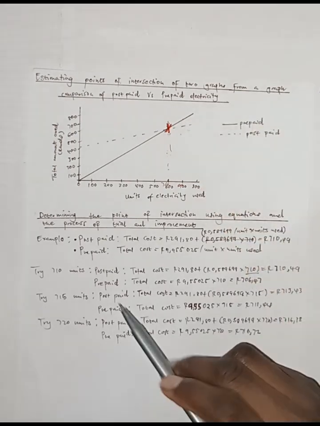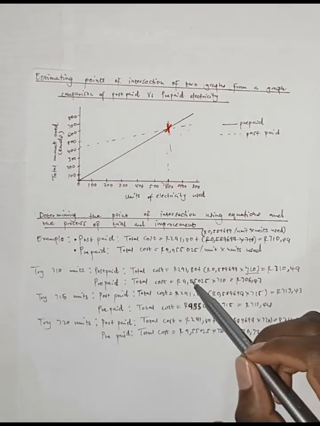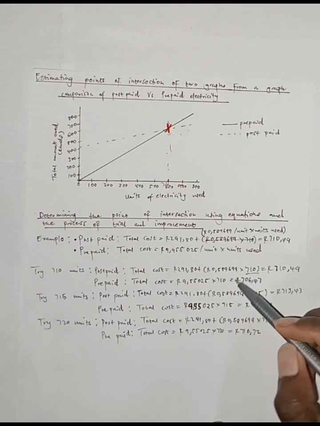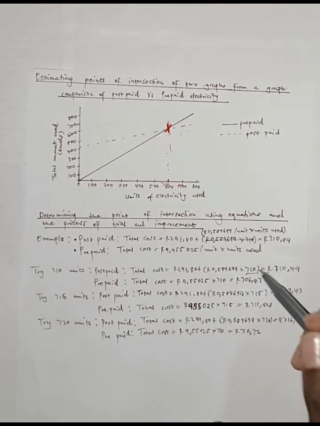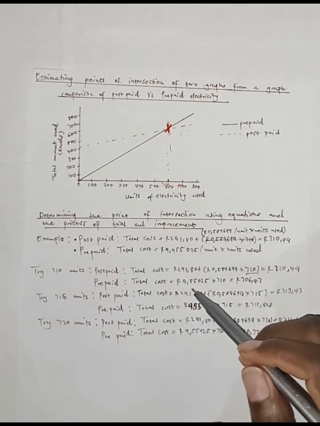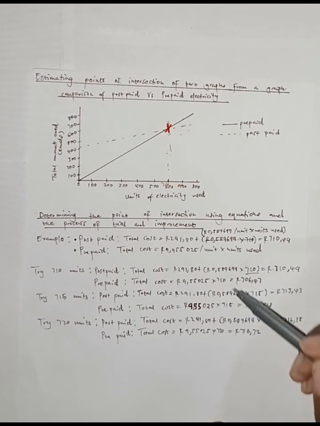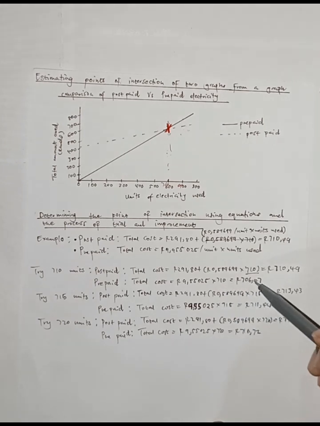Okay, so let's try 710 units. Postpaid, total cost is equal to 291.80 plus 0.589699 times 710, which gives 17.4 cents. And prepaid, total cost is equal to 9.55425 times 710, which is equal to 706.47.